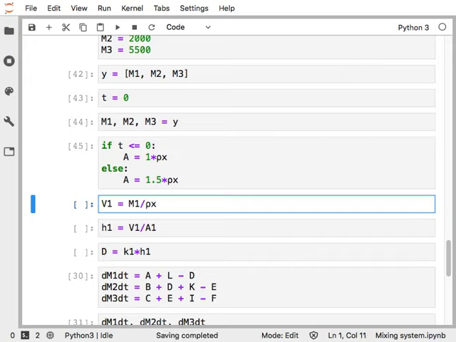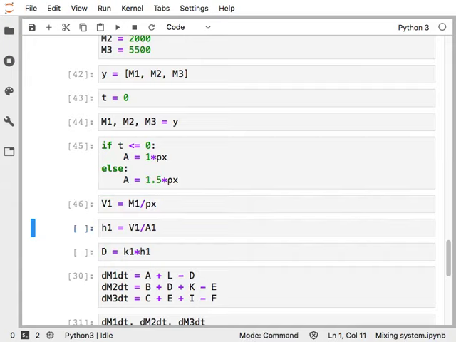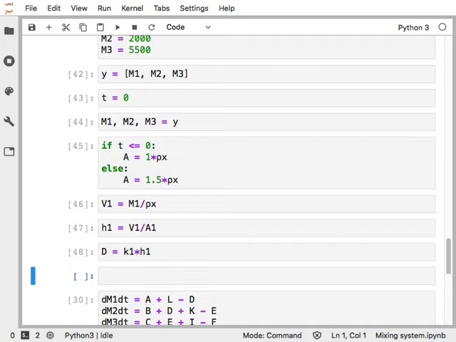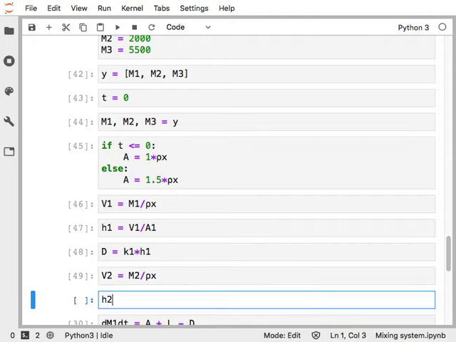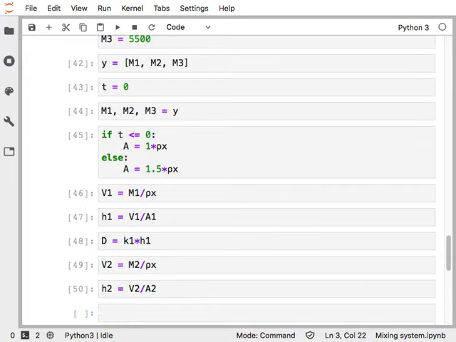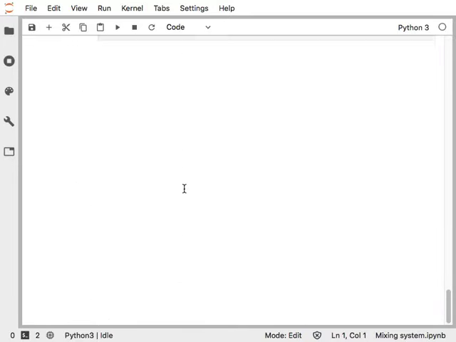So remember, I just said let's assume that stuff is always going to be equal to row x just to get started. So I've got V1, H1, and D, and then I've got equivalent calculations for, was that E, right? Yes.